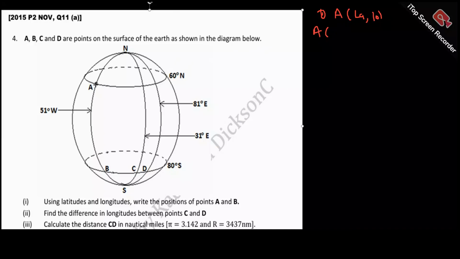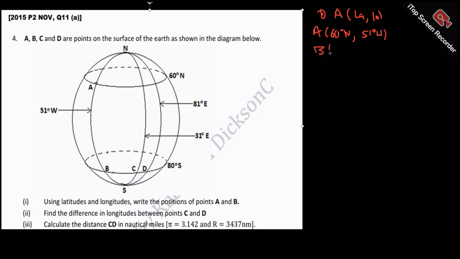At point A, it is 60 degrees north. What about the longitude? 51 degrees west. You're done with the first one.